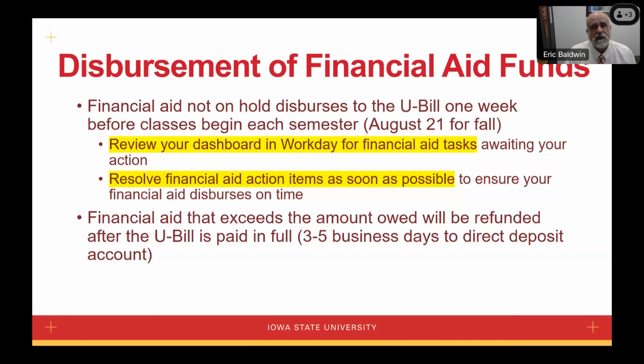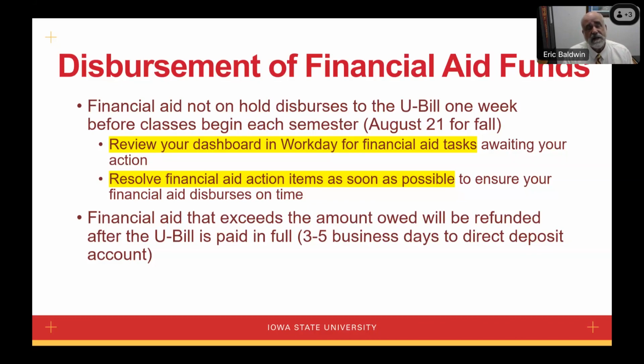In the past, about a third of the students would have to verify their taxes, their income, information about themselves. But with all the fun that the FAFSA had this year, they really minimized the amount that we actually have to verify this year. So that's nice. If there is anything that shows up for verification, please get that to us as soon as possible because we can't disperse funds until that is taken care of.